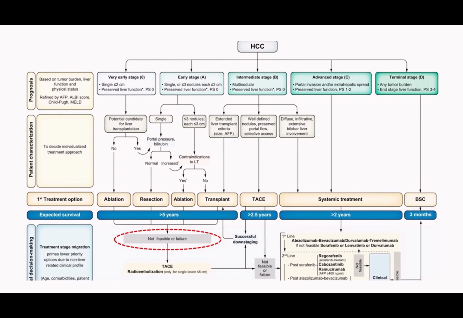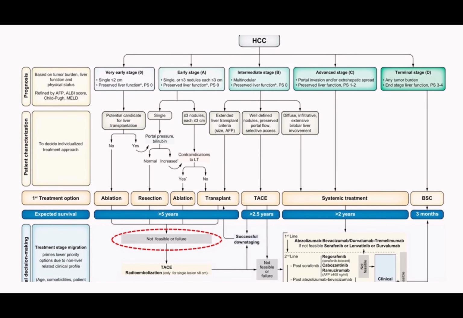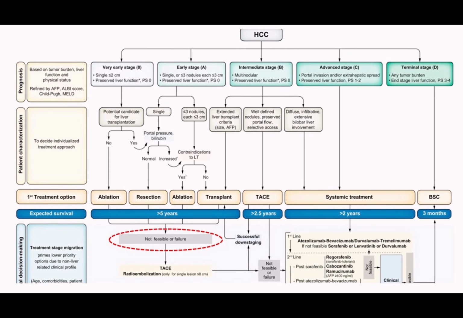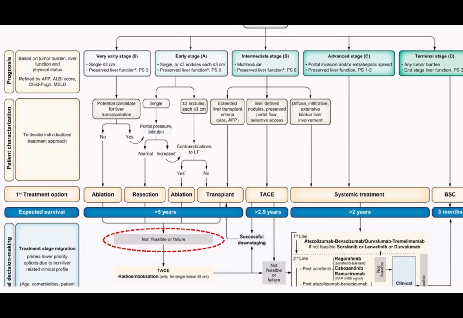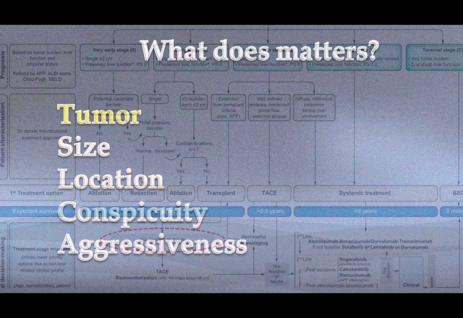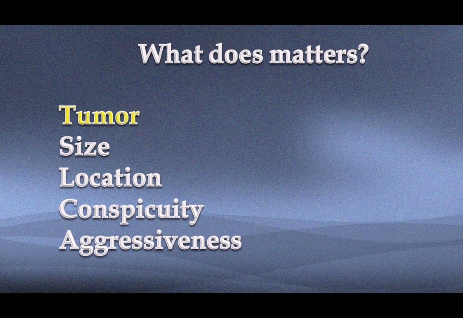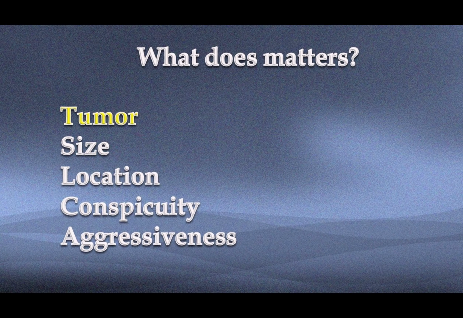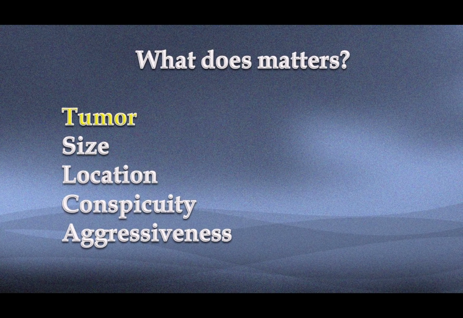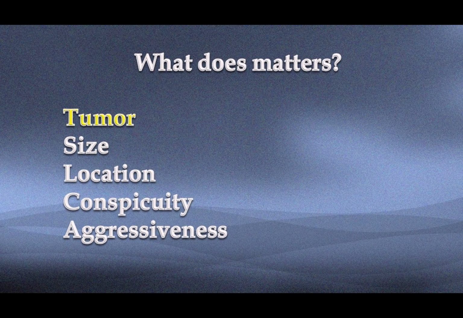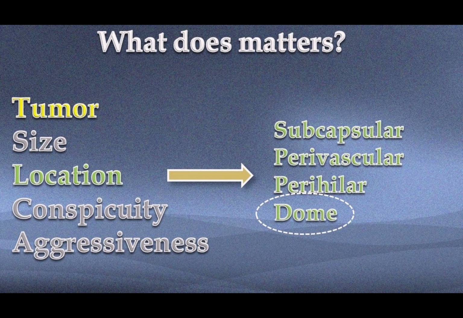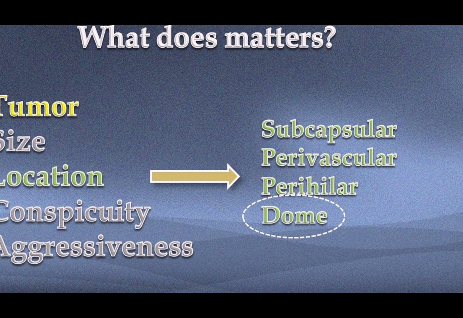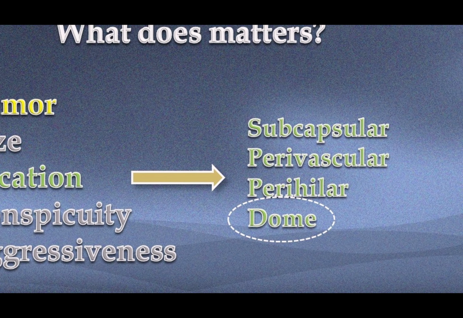Ablation is already accepted as one of the curative treatments in many treatment guidelines because of the many technical achievements and clinical experience. What does matter? Tumor size, location, conspicuity and aggressiveness still matter. But today I'd like to focus more on location, and among them, the liver dome lesion.